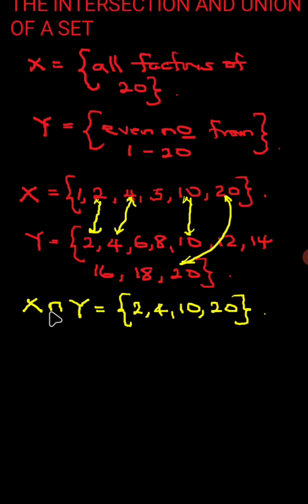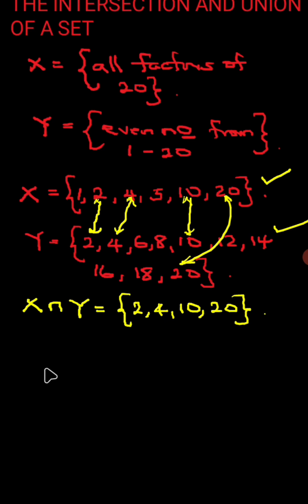Then the union of sets is just the set of all elements that are present in either set X or set Y without repeating an element twice.